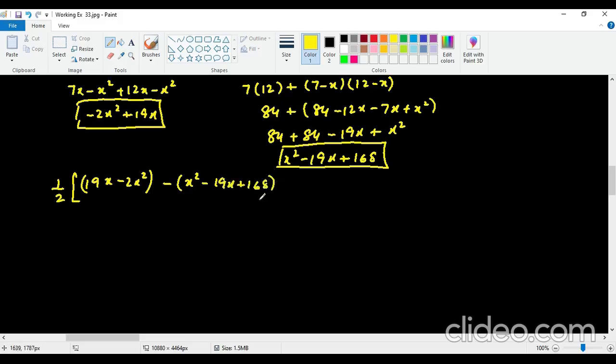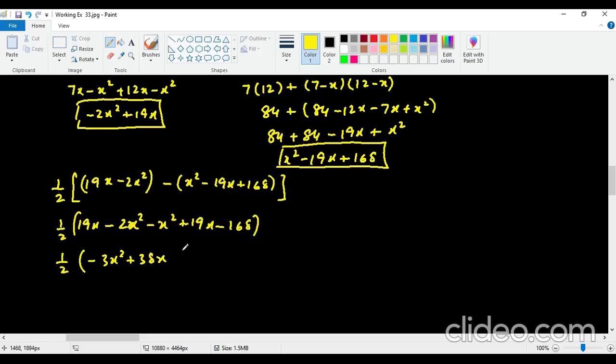We simplify in the bracket itself first to get 19x minus 2x square minus x square and plus 19x and minus 168. So in the bracket itself, what we get is minus 2x, and 1x gives us minus 3x square and plus 38x and minus 168.